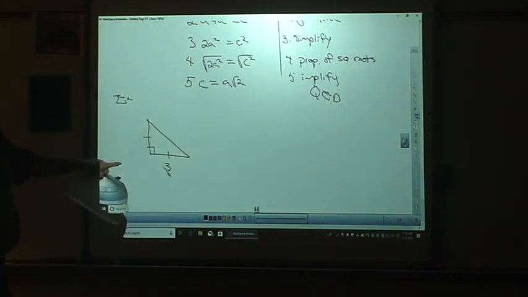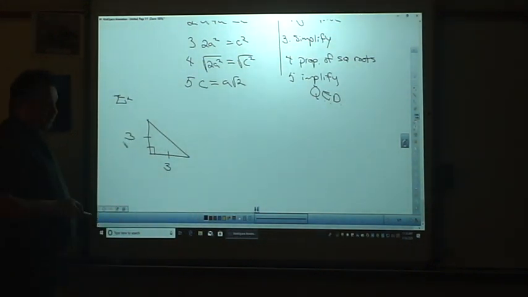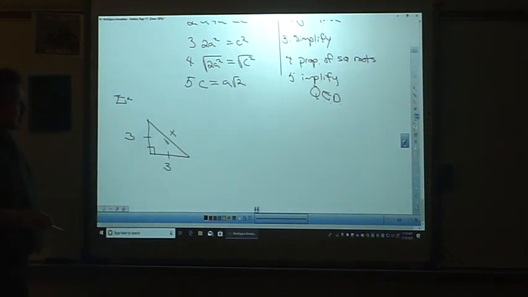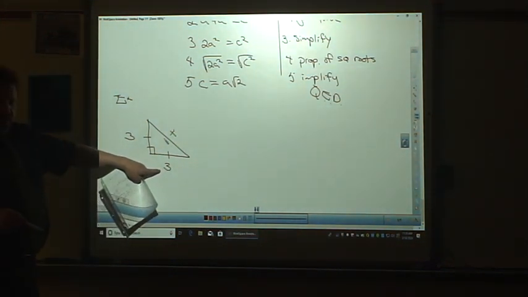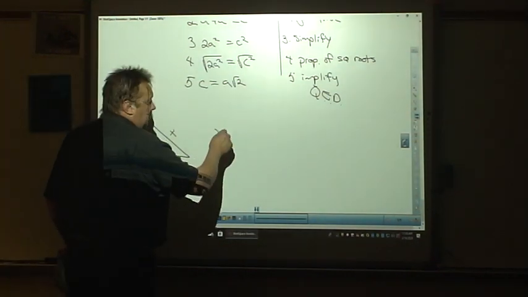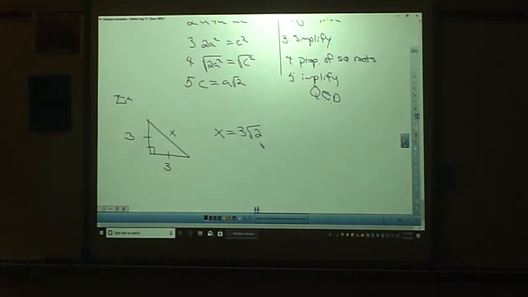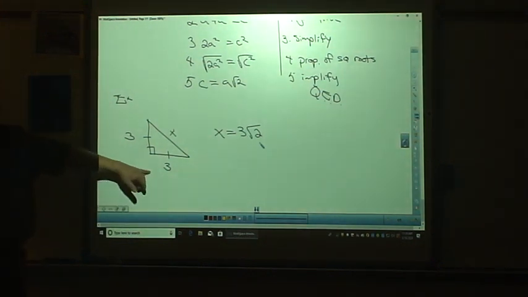Well, if that leg's 3, we know this leg is also 3. If I want to find x here, I'm going to take 3 times the square root of 2. It really is as simple as that. If you got the leg, the hypotenuse is just whatever the leg is times the square root of 2. Do not make this difficult.